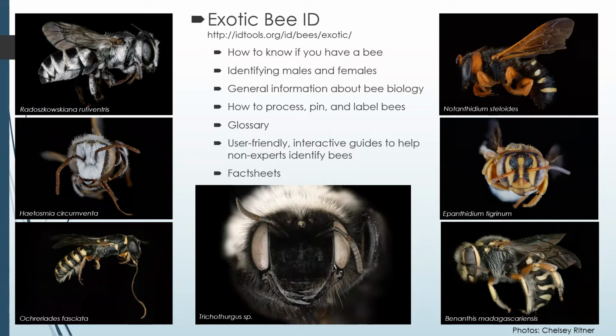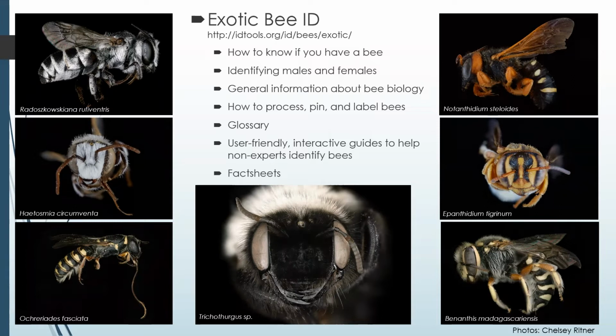So on the website we've been creating, we talk about the basics of identifying if it's a bee or anything different right off the bat, and then move into bee biology, how to process and pin bees that you collect, because unfortunately bee identification all has to be done under a microscope.